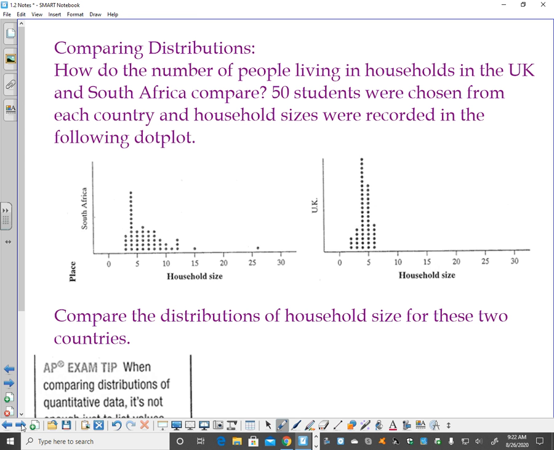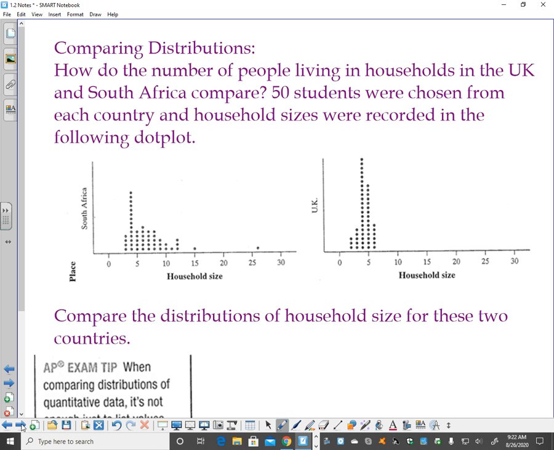Comparing distributions. How do the number of people living in households in the UK and South Africa compare? 50 students were chosen from each country, and household sizes were recorded in the following dot plot. I've got South Africa on the left, UK on the right, and this is the number of people in their households.